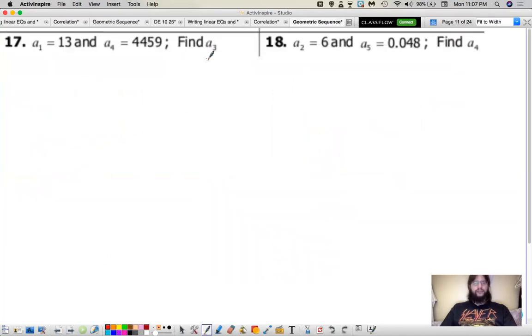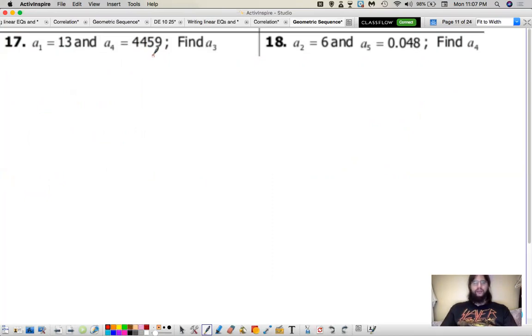Now this one's more interesting. We're not given R. We're given A1 and we're given another term. We got to think. We're trying to see what factor we're going by, right?